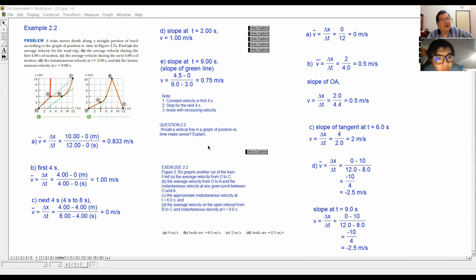The answer is no. Why? Because let's say at t equals 4, you are at position 4. Then at the same t equals 4, you're at position 10. That means in no time you fly from 4 to 10, which is not possible, right?